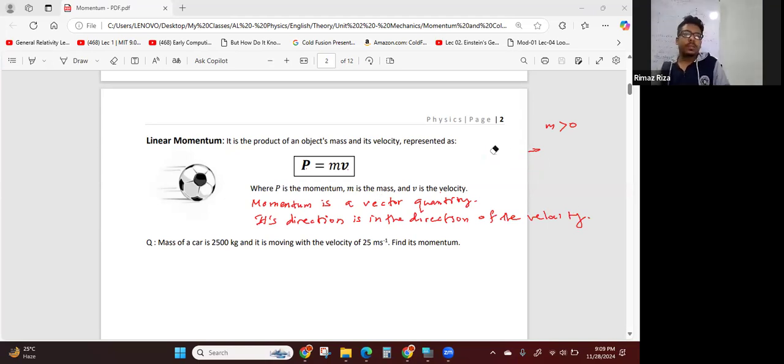Okay. So the momentum is defined by mass times velocity of a particle, of an object. And momentum is a vector quantity and its direction is given by the direction of the velocity.